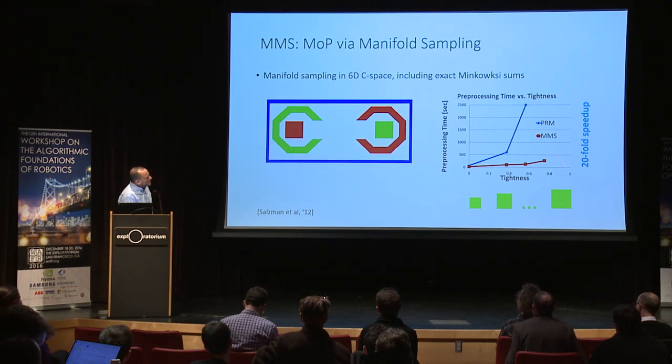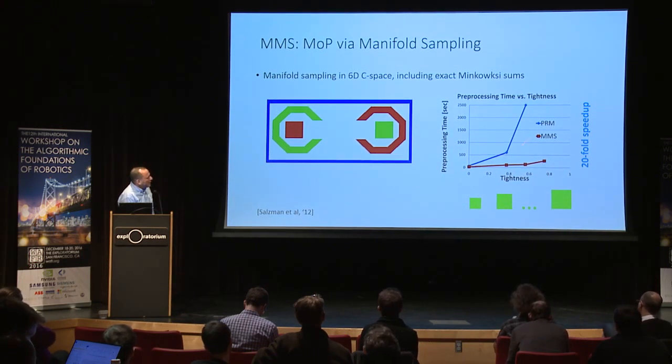And what you see here is a comparison between manifold sampling and PRM. The x-axis is the tightness of the problem. And you see as the tightness goes up, at some point PRM breaks and MMS continues on.